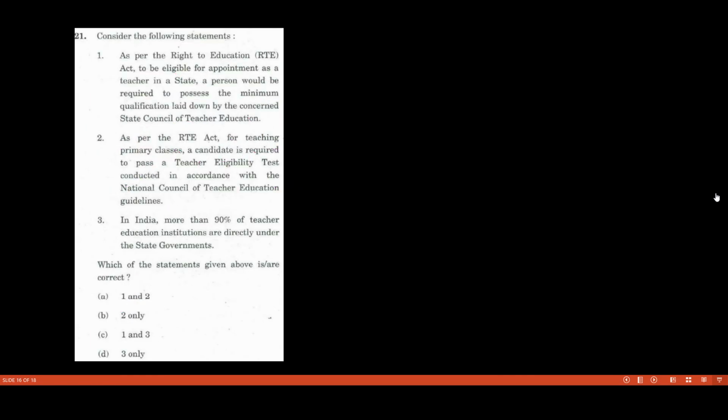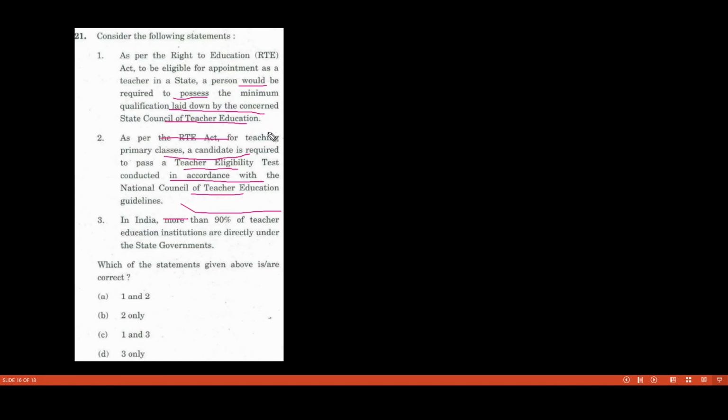Then you see a Right to Education Act. To be eligible for appointment as a teacher in a state, a person would be required to possess the minimum qualification laid down by the concerned State Council of Teacher Education. All right. And then again, it is said that as per RTE Act, for teaching primary classes, a candidate is required to pass a teacher eligibility test conducted in accordance with the National Council of Teacher guidelines.